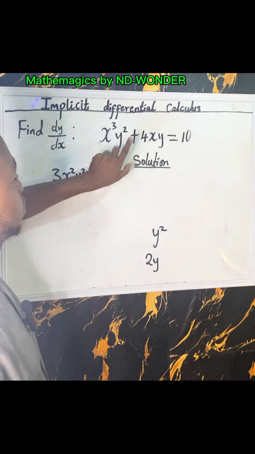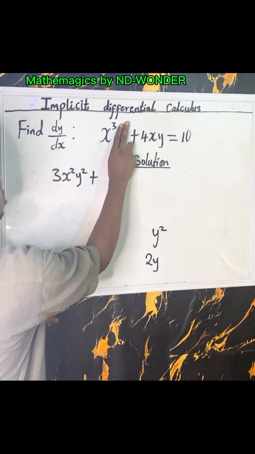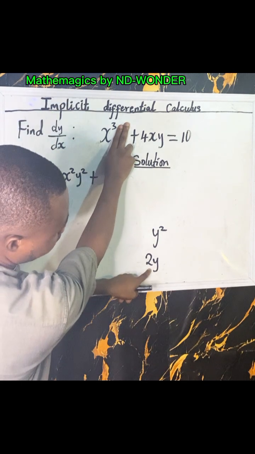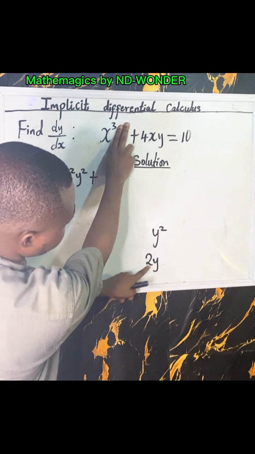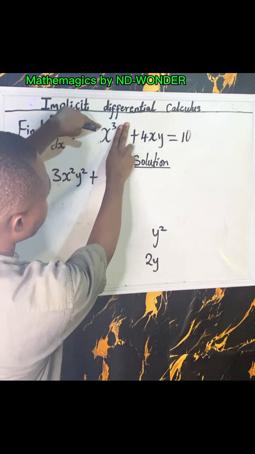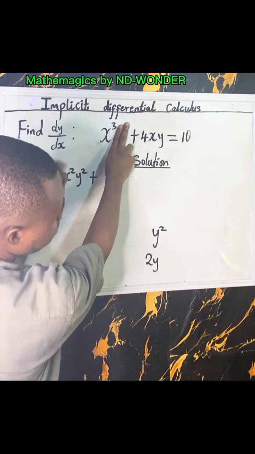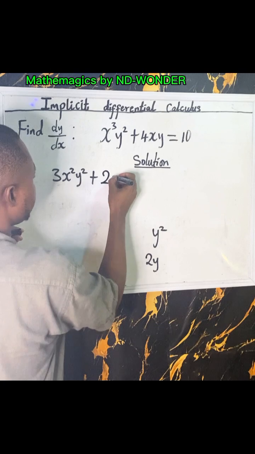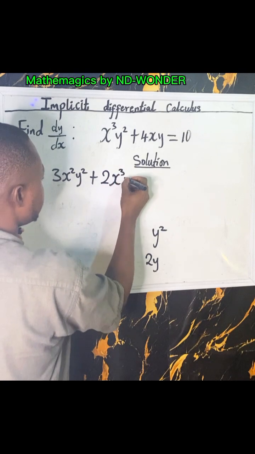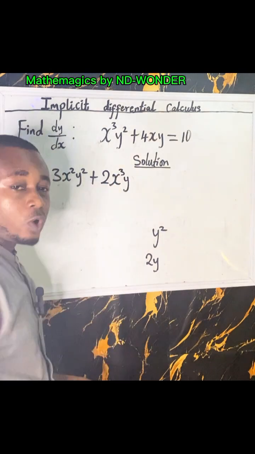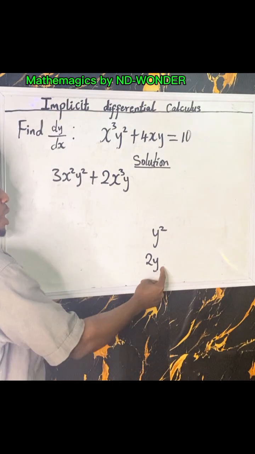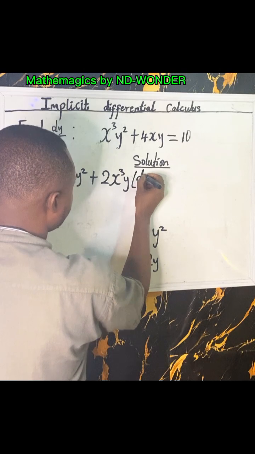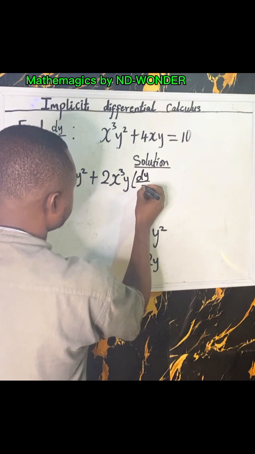Then go to where y squared is, you cover it. If you cover it, what do you have left? You have x cubed and that of 2y. Then multiply 2y by x cubed. What do you have? 2y times x cubed. We have 2x cubed y. Then we need to attach dy dx to it because y is differentiated. This becomes 2x cubed y dy over dx.